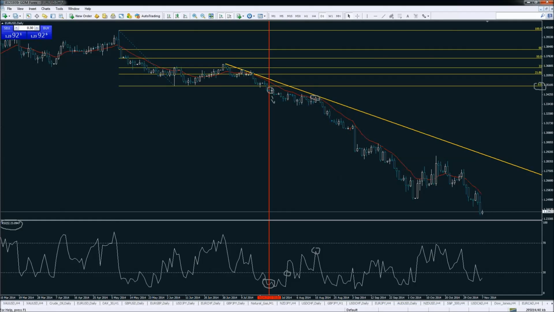Let's align it in time and see all those oversold and overbought conditions on the relative strength, how they align, to see what it gives us every time we have a position opportunity. Every time the relative strength gives us a signal to enter, it's above the 30 oversold level, and the price is bouncing off the moving average.